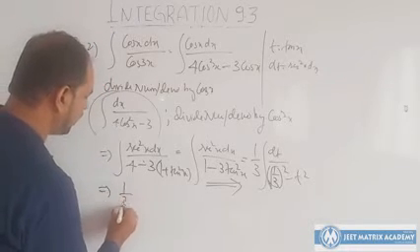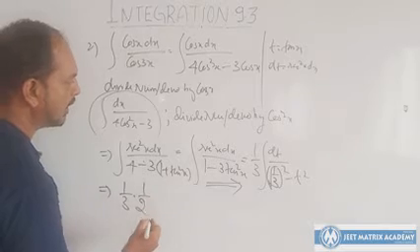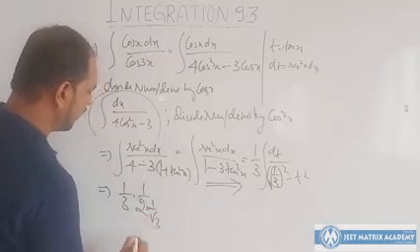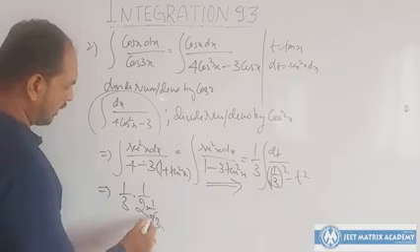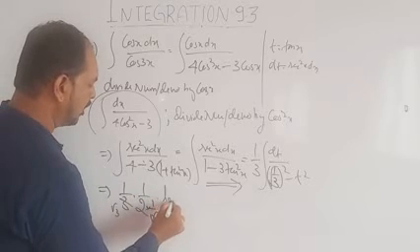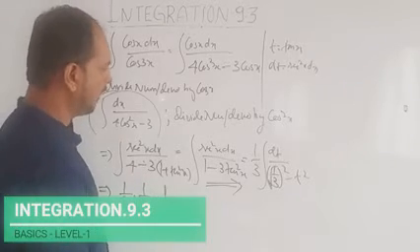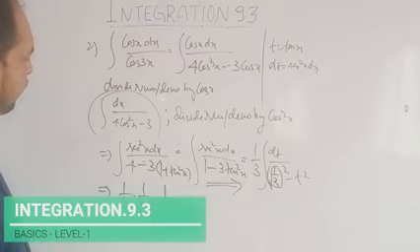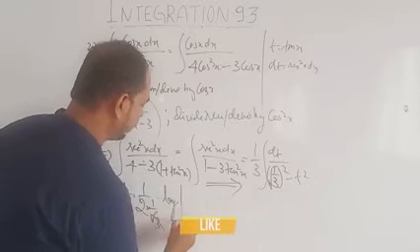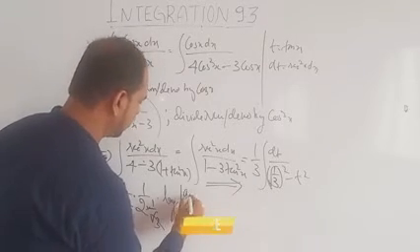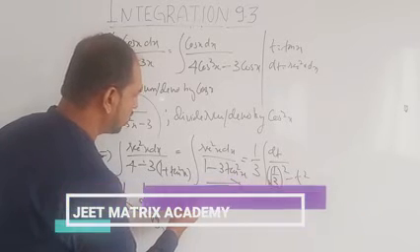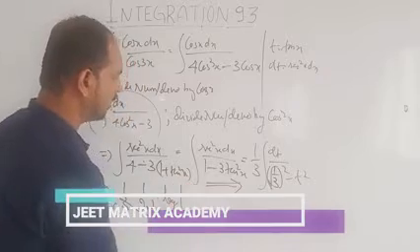So 1 by 3 into 1 by 2a, a is again 1 by root 3, this gets cancelled and this becomes root 3. Okay, into log of modulus of a minus x, so a is your t.